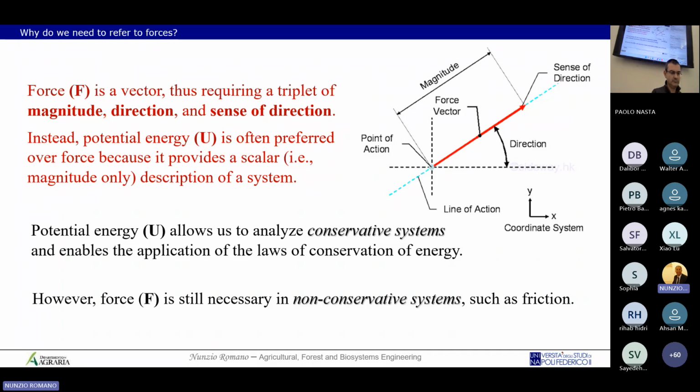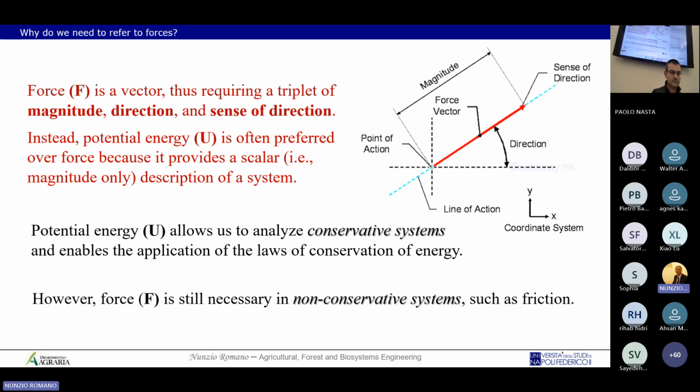And you can see the picture on the right of this slide that you know from the manuals of physics.